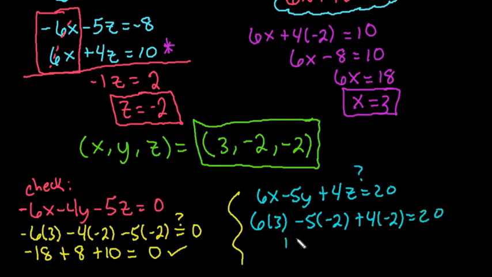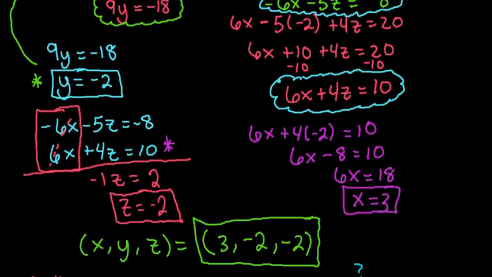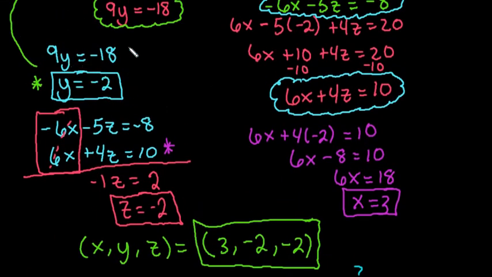We would have 18 plus 10 plus 10, which gives us 28, minus 8. So 28 minus 8 is 20. So we can see that this works. And then the third equation, you can see that 9 times negative 2 is negative 18, so that does work in the third one as well. So we checked the third equation as well.